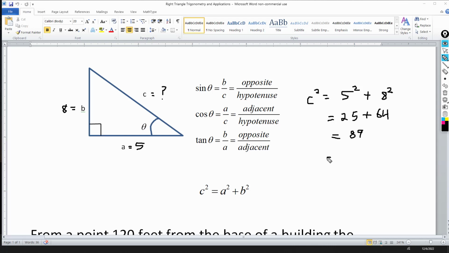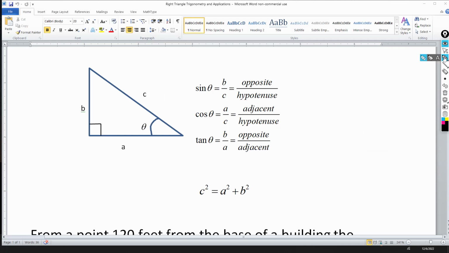Take the square root of both sides, so we get the length of the hypotenuse here as the square root of 89. And if they ask for an approximation, you can go ahead and use your calculator and take the square root to whatever places they tell you. But that's one basic use of the Pythagorean theorem. Now let's look at how we can use this in a basic application problem.